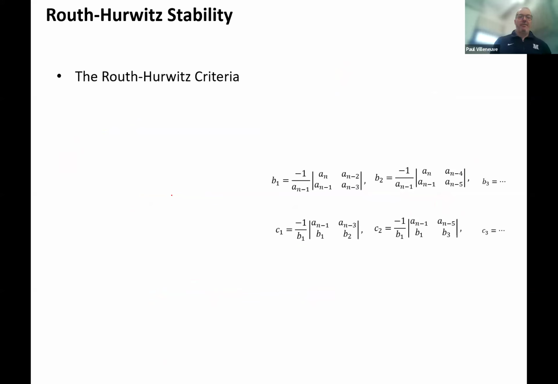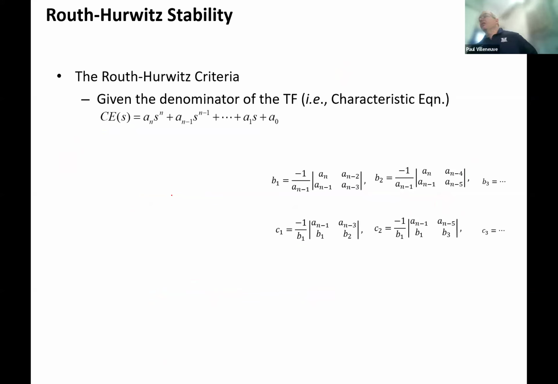That's my first step. That's called a necessary but insufficient condition, because if I have s cubed plus s squared plus 2s plus 1, that could potentially still have a pole in the right-hand half plane.